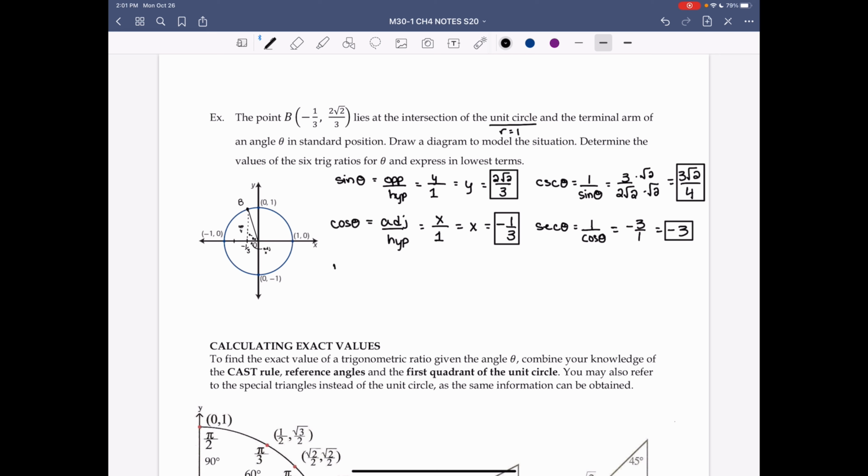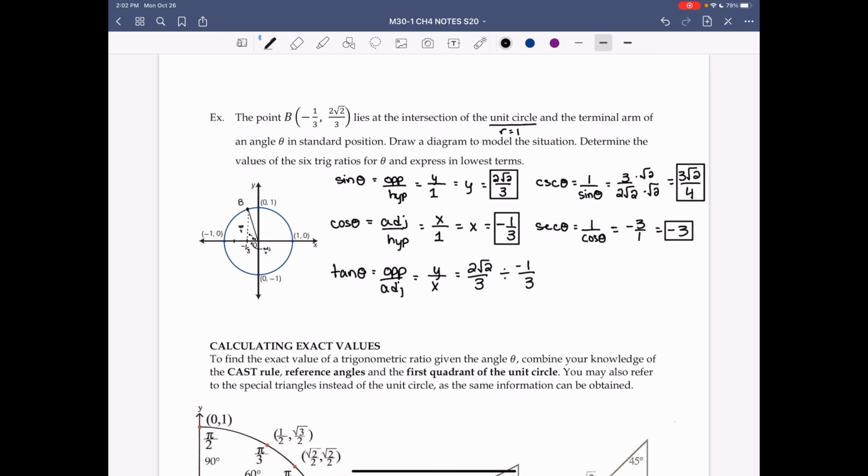Then we have tan theta, which equals opposite over adjacent. The opposite in the unit circle is the y-coordinate, and the adjacent is the x-coordinate. So we get the y-coordinate of 2 root 2 over 3 divided by the x-coordinate of negative 1 over 3.